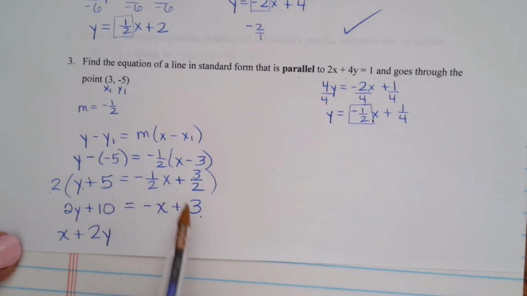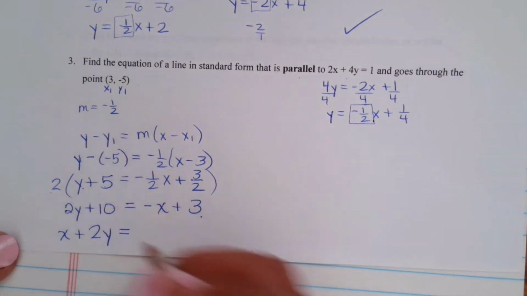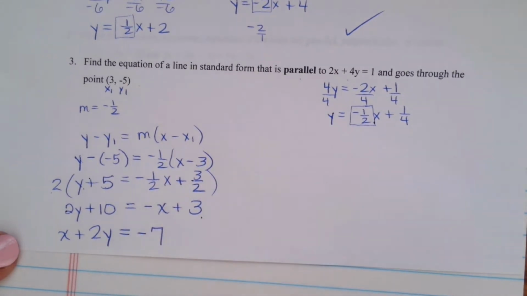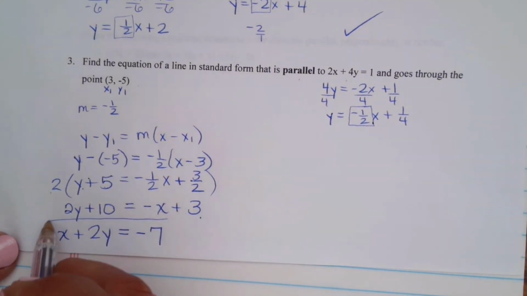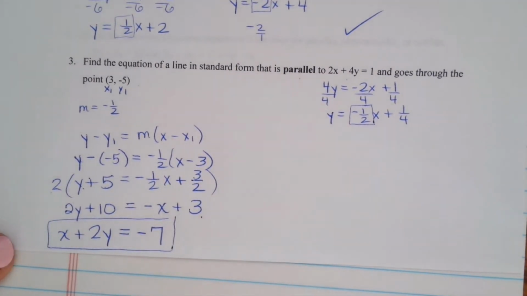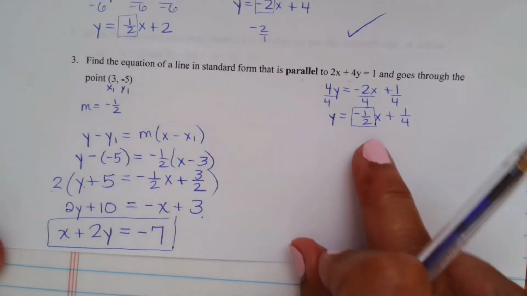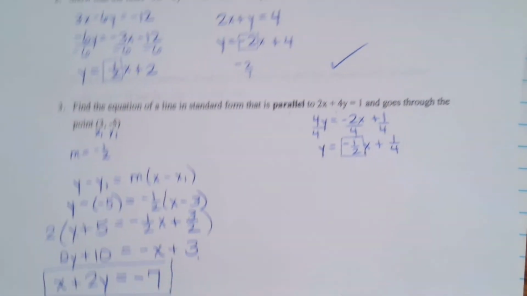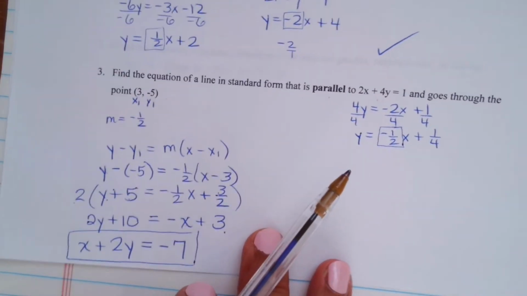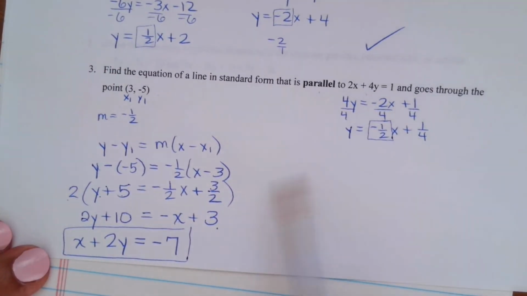So it's going to move to be a -10. So 3 minus 10 on the right side would be -7. So there's your standard form. And that line has the same slope as this line. So they're parallel. Okay. So these lines are parallel to one another. This is standard form.